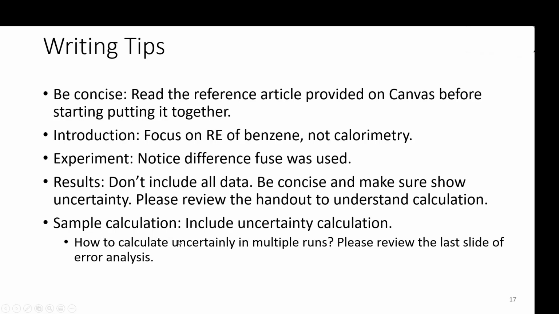Sample calculation, make sure you include the uncertainty calculations, okay? Remember you did multiple runs of TTCC and cyclohexene, and how do you calculate the uncertainty of the delta H of TTCC?